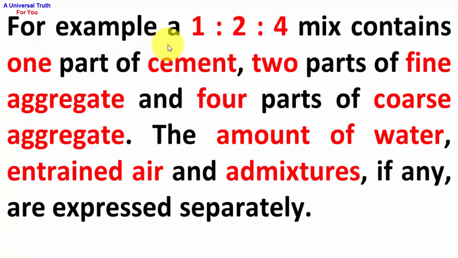For example, a 1:2:4 mix contains 1 part of cement, 2 parts of fine aggregate and 4 parts of coarse aggregate. The amount of water, entrained air and admixtures, if any, are expressed separately.